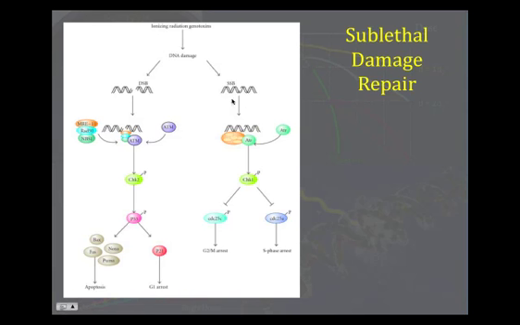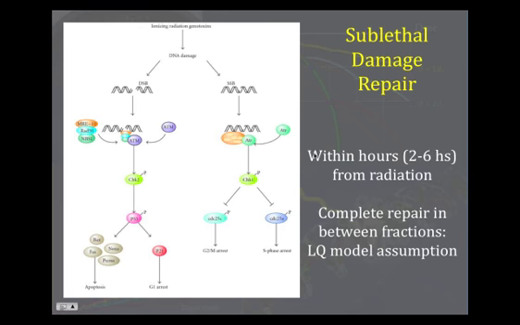But the fact is that lots of this sublethal damage will actually lead to cell death. But after one single fraction of radiation, that's the repair that happens. And that justifies why we lose effectiveness as we fractionate more in terms of cell killing efficiency.